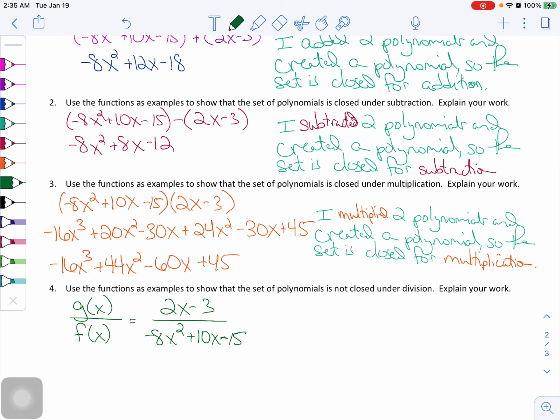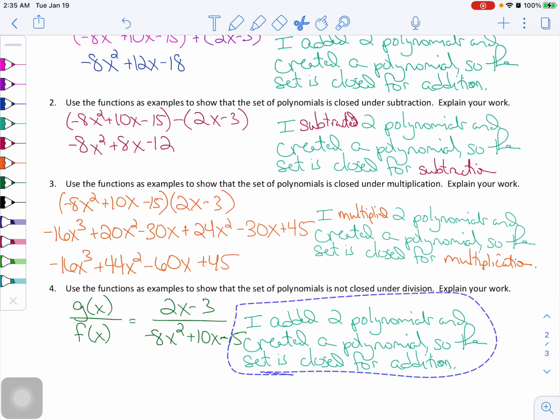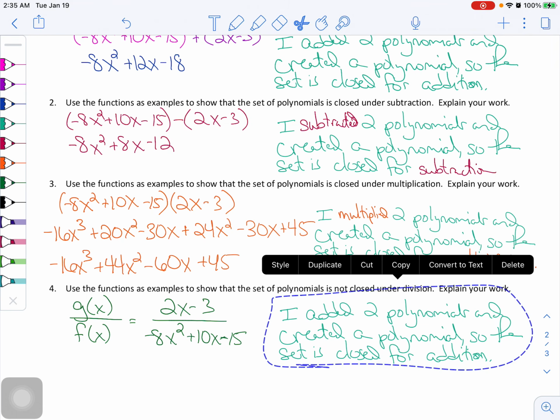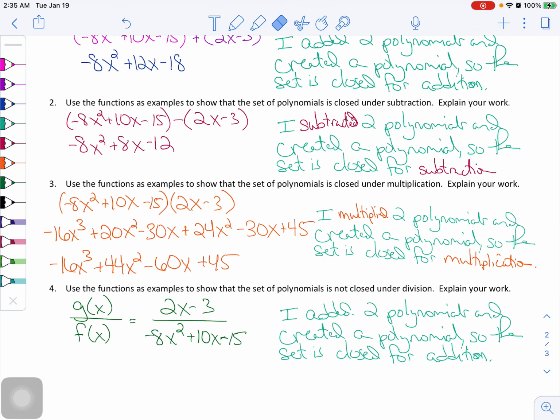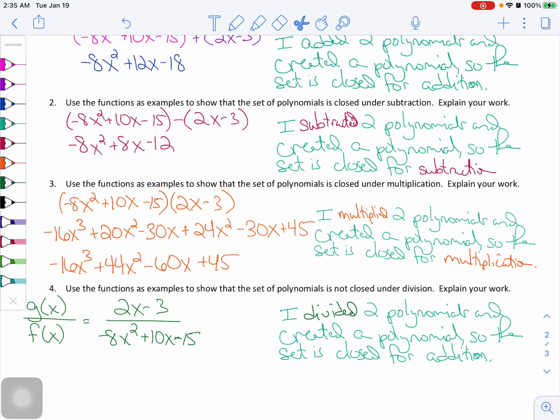Okay? And so if I look at my explanation, let's see if I paste it. I'm not sure if I can actually do this one. So let's see. I divided two polynomials, and let me slide this over so I give myself a little bit more workspace.